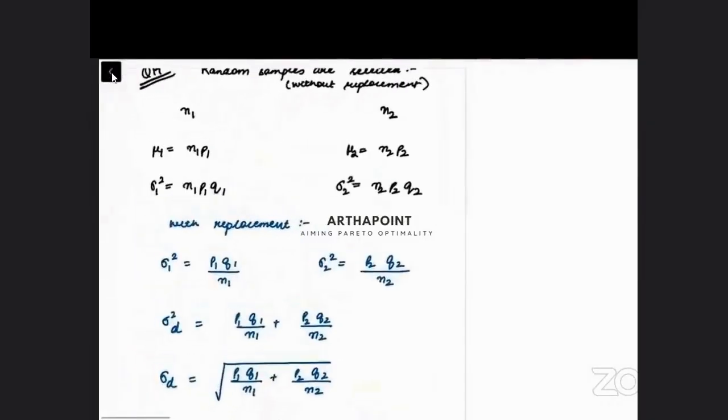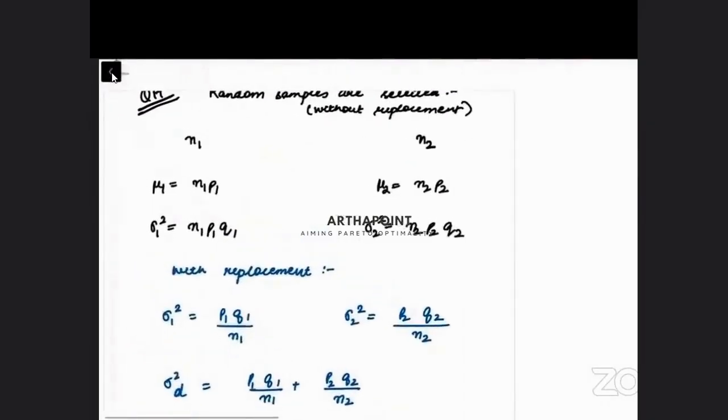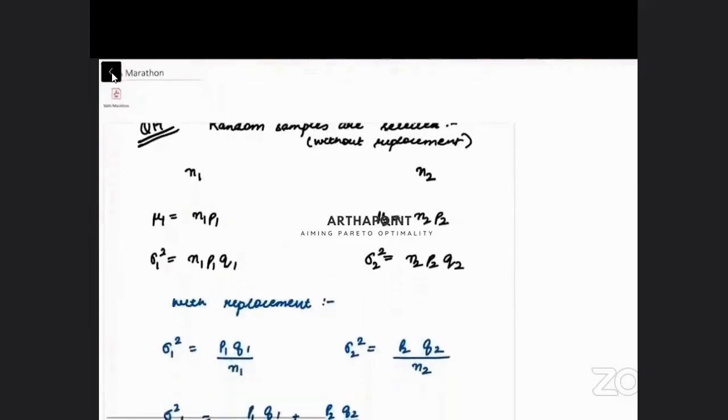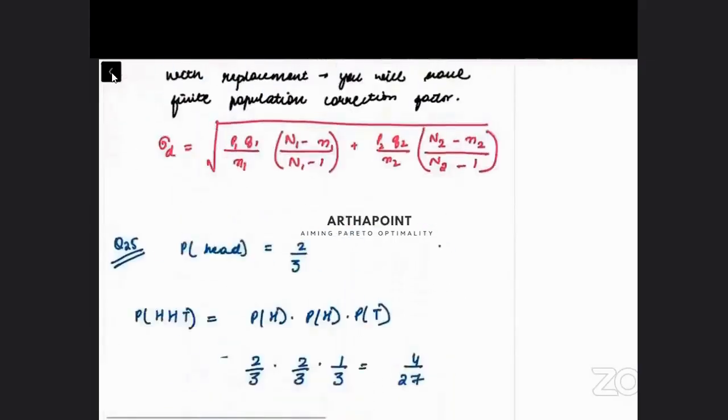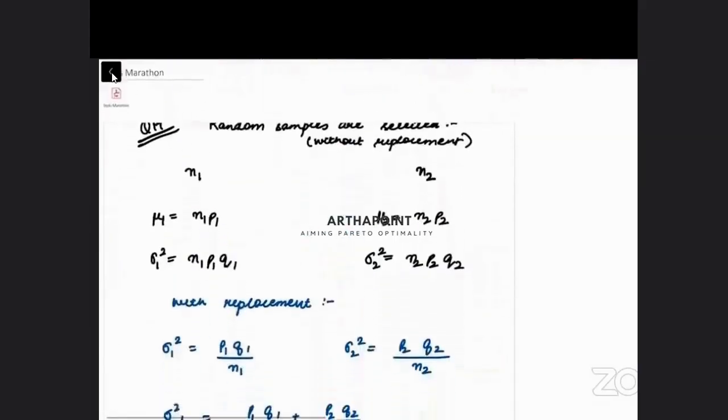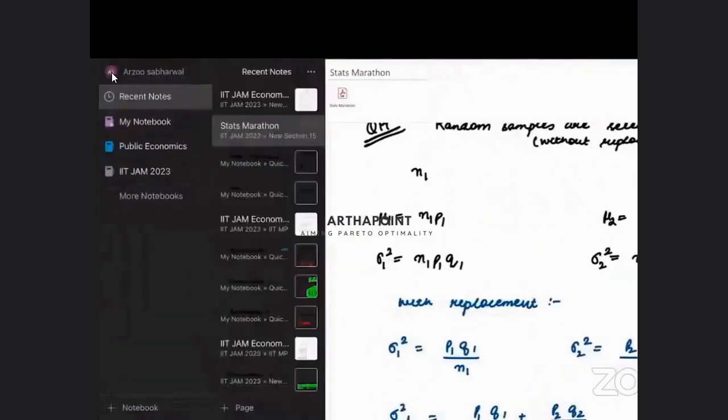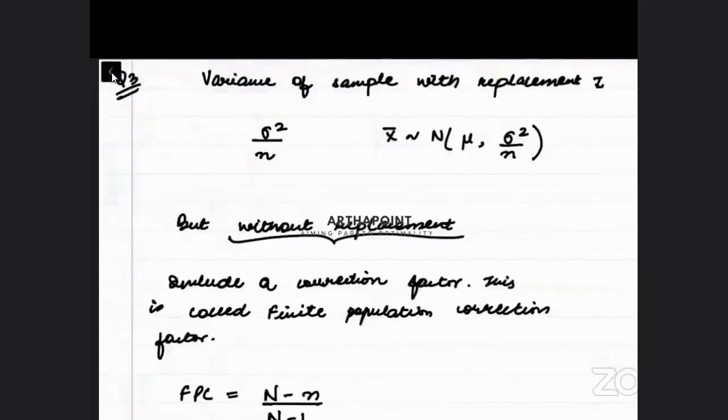So have a look here. Just see here. When I talk about variances of sample mean with replacement, this is how the sample mean looks.